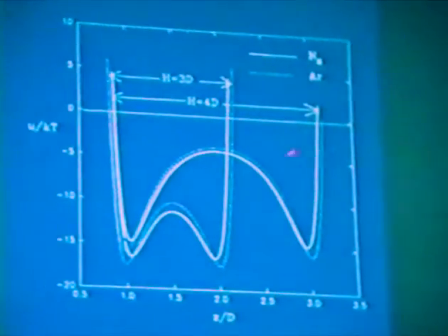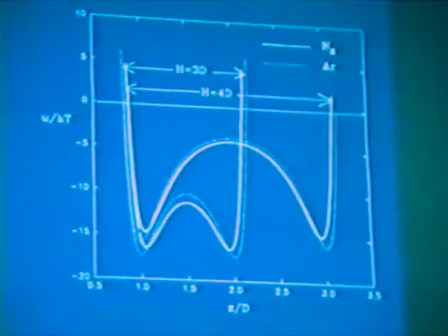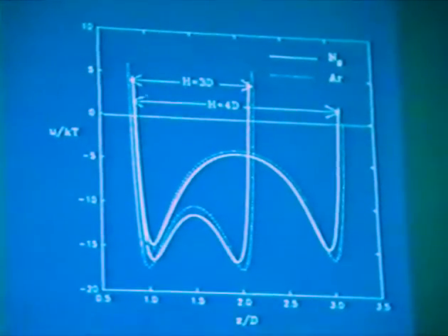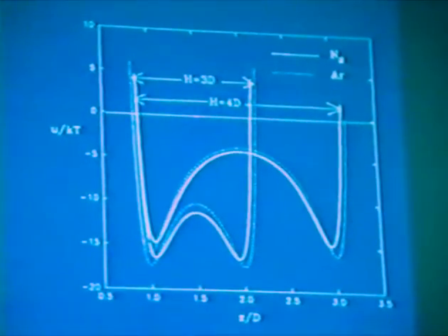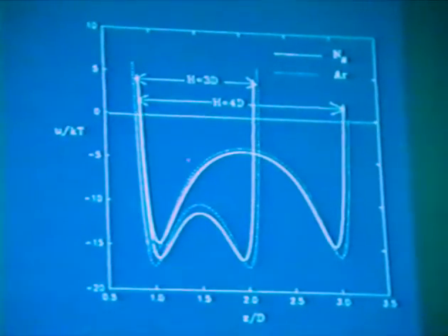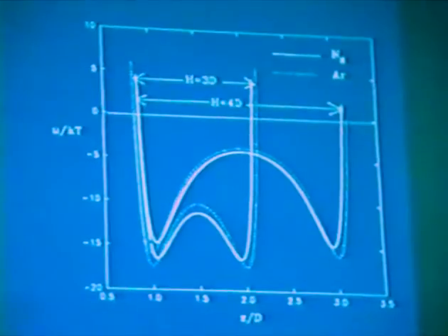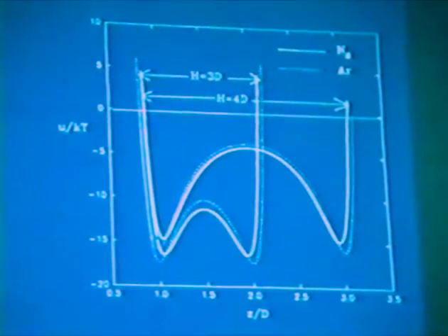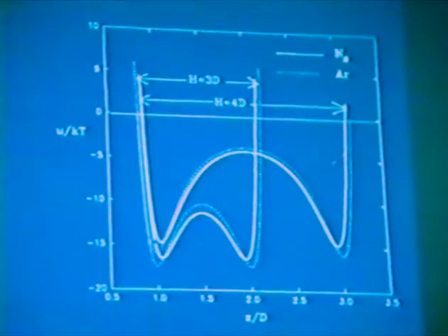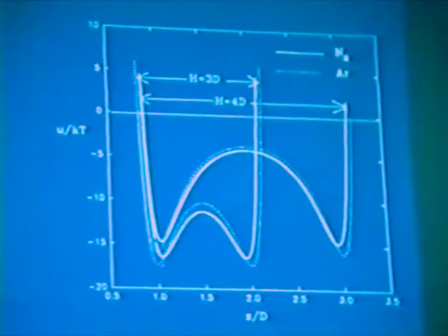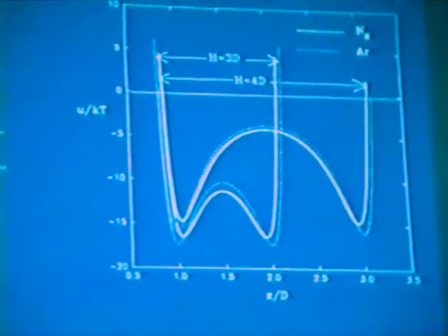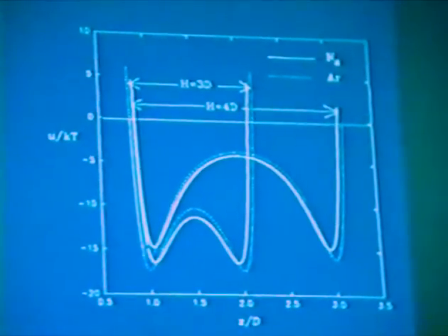On the right here, I've shown a couple of pictures of the potential functions in two of the model pores, one for H with 3D, the narrow one here, one with H with 4D, and you can see how the differences between the strength of the nitrogen and argon interactions and the differences in sizes affect the positions of these minima, the depths of the minima, and the shape of the potential function.